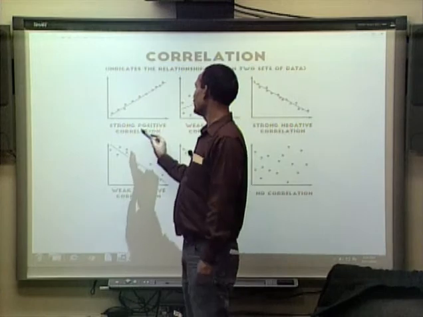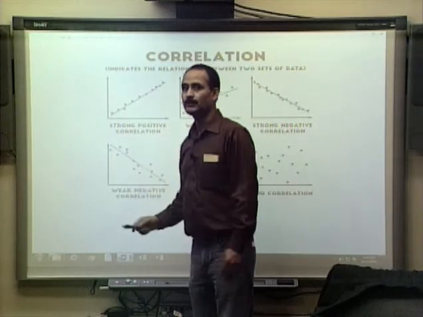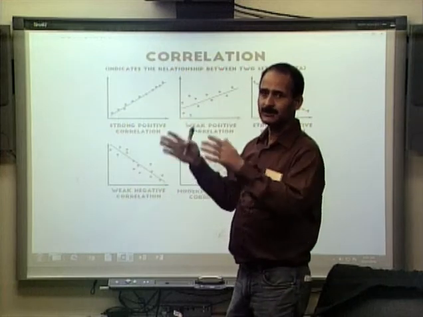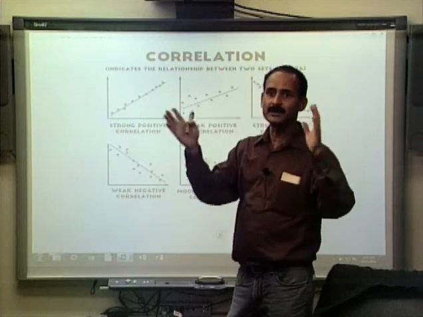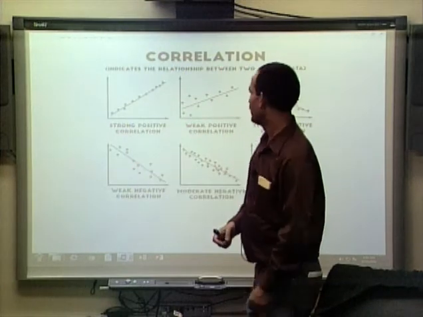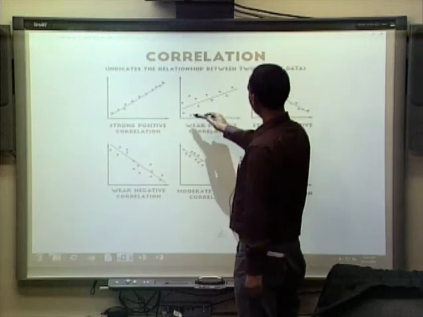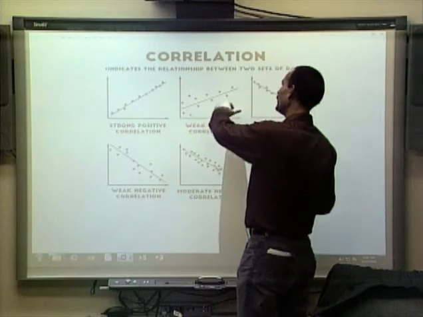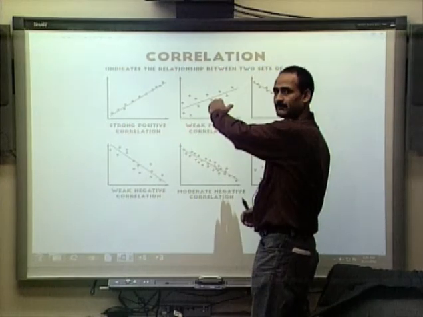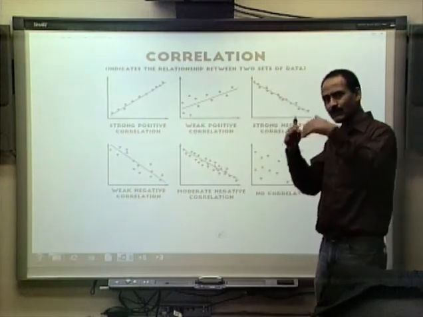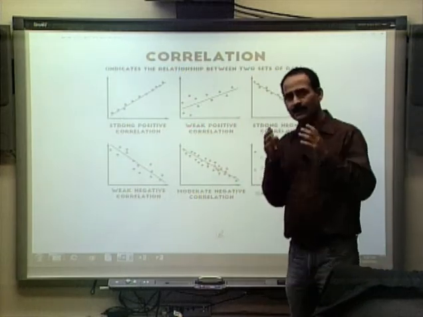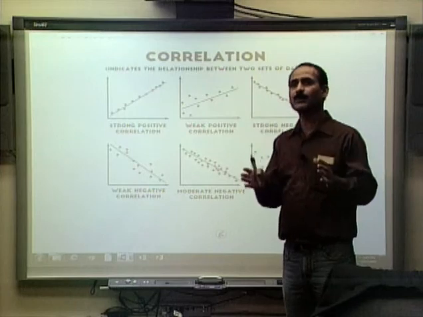That indicates a very strong positive correlation between the two variables of interest. We can have this scatter plot where the dots are slowly going up, not in a straight line, but the pattern is a little bit going up. This means there is a weak correlation.